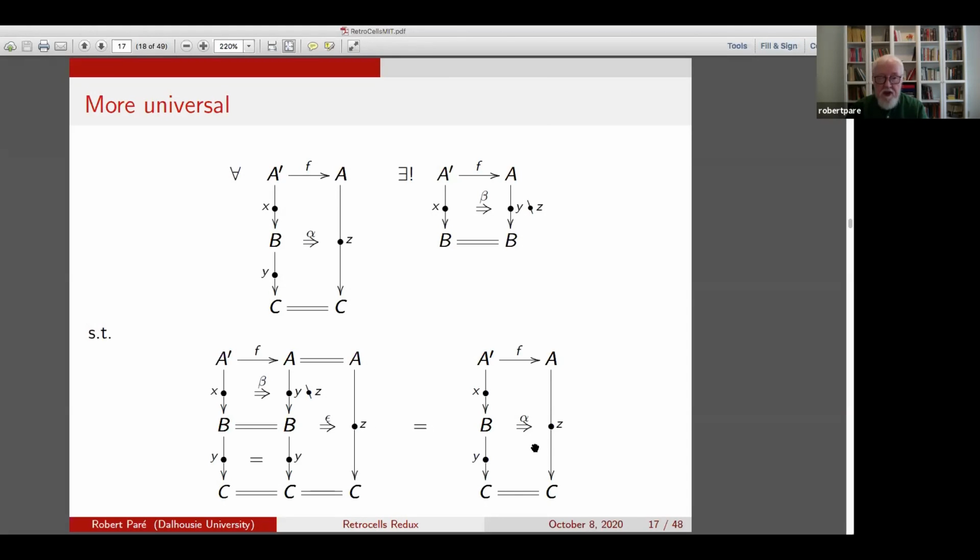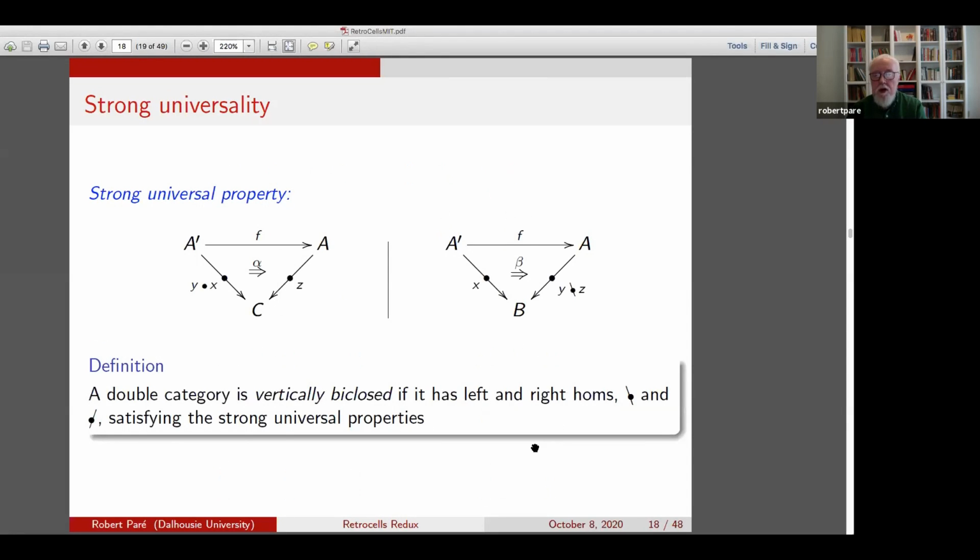This is what I'm going to call the strong universal property. So a double category, I'm changing the definition a bit, is vertically biclosed if it has left and right HOMs, the under and over, satisfying the strong universal properties like this.